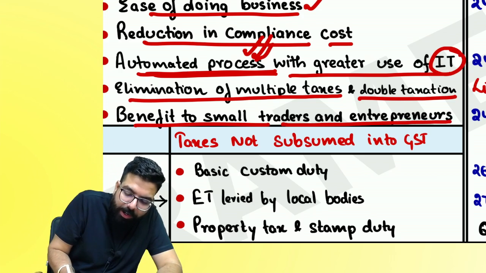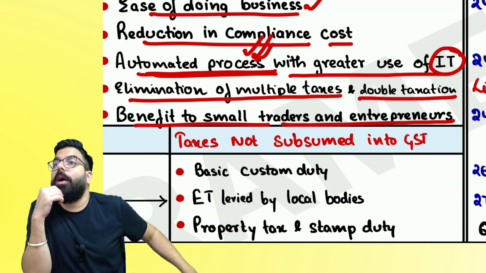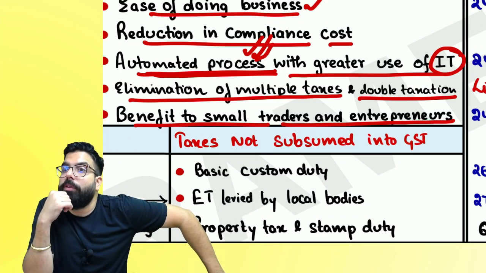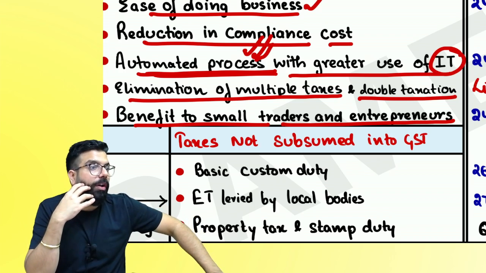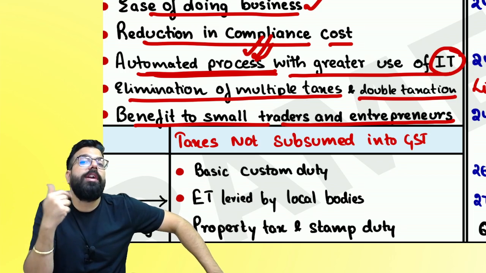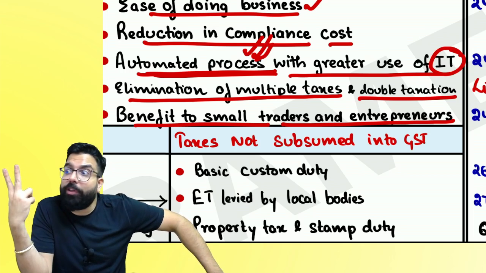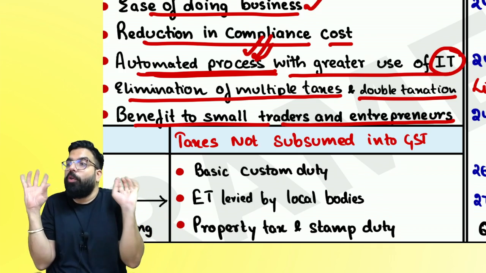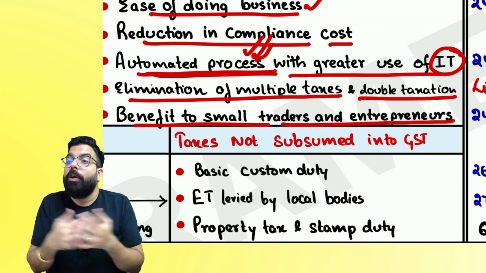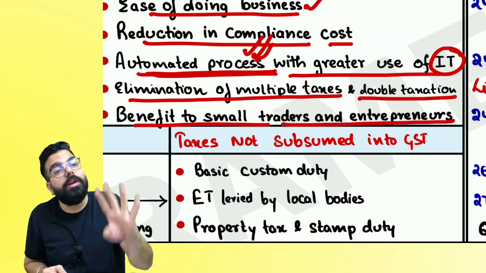Benefits to small traders and entrepreneurs. What is the limit for registration now? The small traders who are there, is it a benefit for them or not? In service tax, the registration limit was only 10 lakh. But in GST, what is the limit? So if I'm a small person, no headache, no tension, no compliance. Up to what limit? For supplier of goods in GST, the limit is 40 lakh.